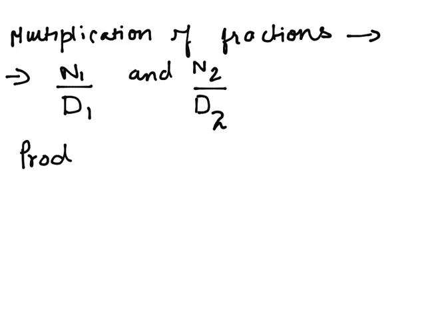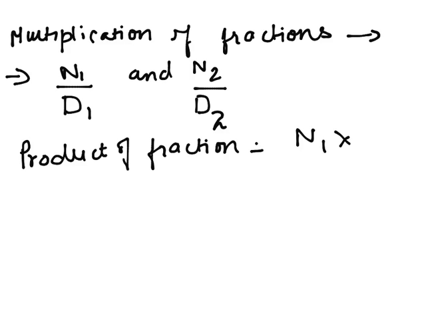Then the product of fractions is always equal to the product of the numerators over the product of the denominators. It means we multiply numerator with numerator and denominator with denominator.